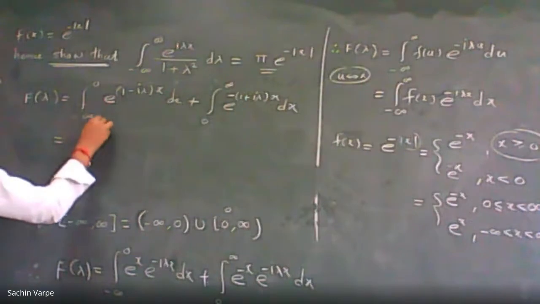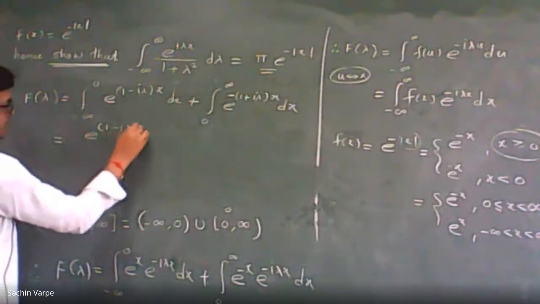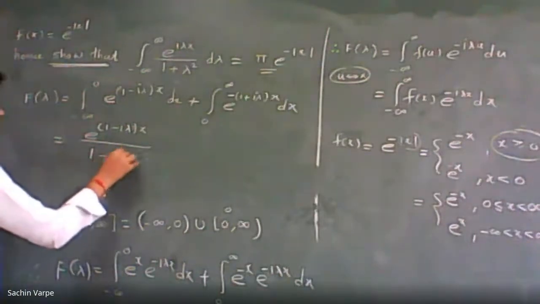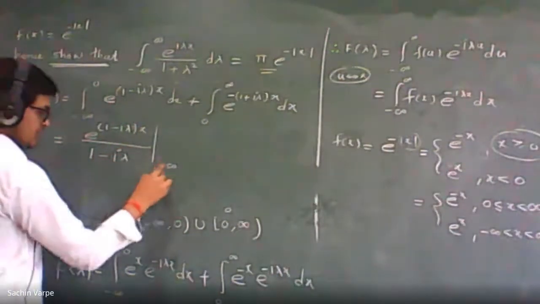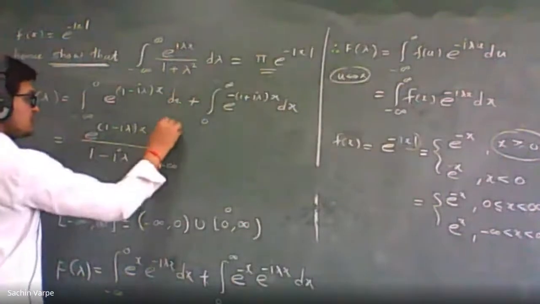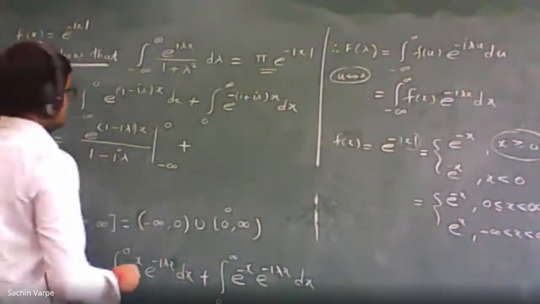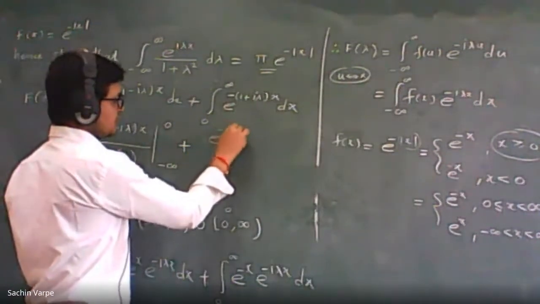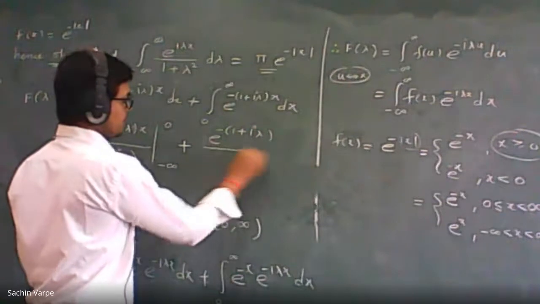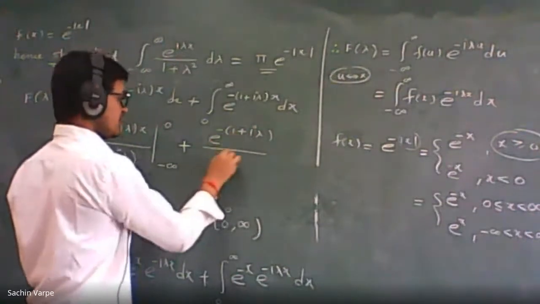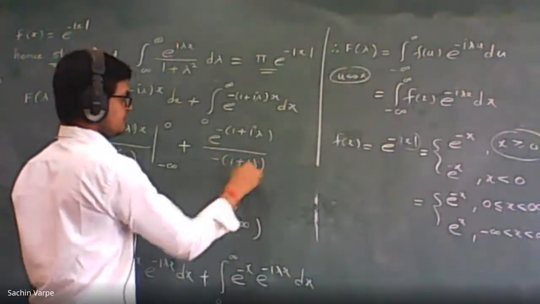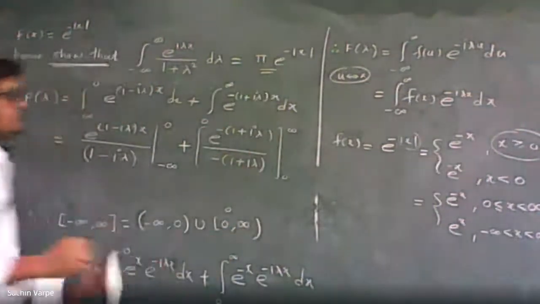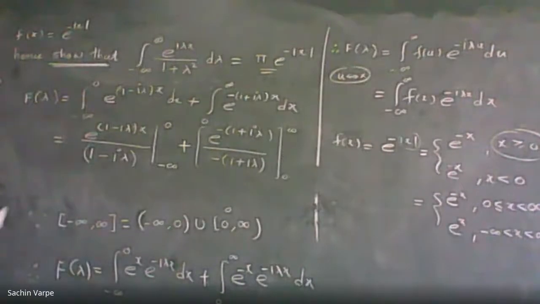E raised to ax upon a, that is 1 minus i lambda, with the limits minus infinity to 0, plus, please check the calculations, plus e to the power minus of 1 plus i lambda x upon minus of 1 plus i lambda, and the limits from 0 to infinity. Now substitute upper and lower limits.